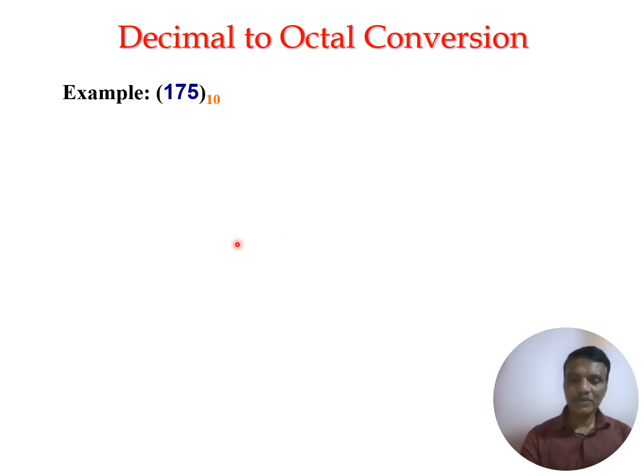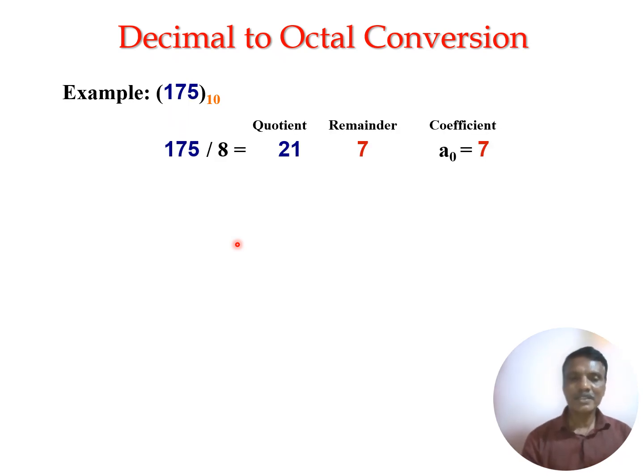Decimal to octal number. 175 is the given decimal example. So what we need to do? For the integer part, we need to do successive division with the base. Here the base is 8.